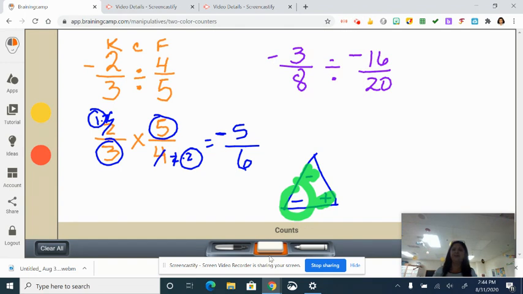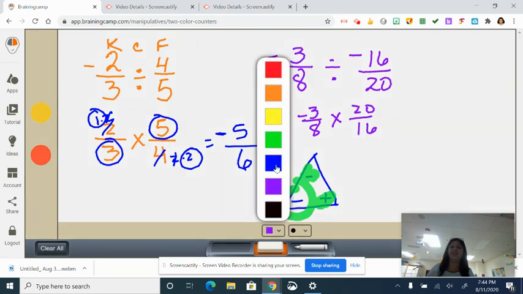So if we're going to do keep, change, flip, we're going to take our negative 3/8 and keep that. We're going to change our division to multiplication, and then we're going to flip 16/20 to make it 20/16.